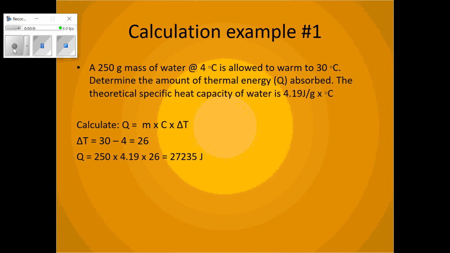The first thing we need to sort out is the delta T, or change in temperature. If we don't know the change in temperature, we can't calculate this. It is raised from 4 degrees to 30 degrees, so 30 minus 4 gives us 26 degrees.